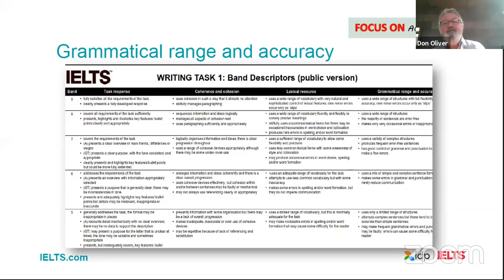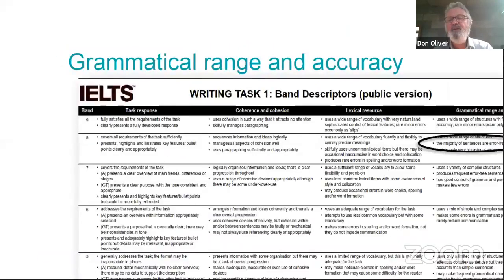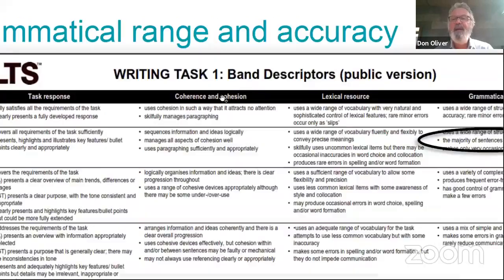So we come to the final assessment criterion, and that is grammatical range and accuracy. We've talked about the differences between those things like less common words and errors in lexical resource. But here we're looking at grammar, and we're looking at a similar sort of thing.